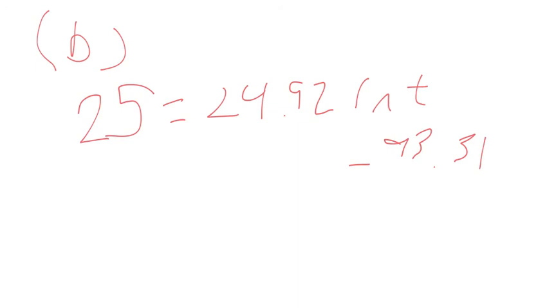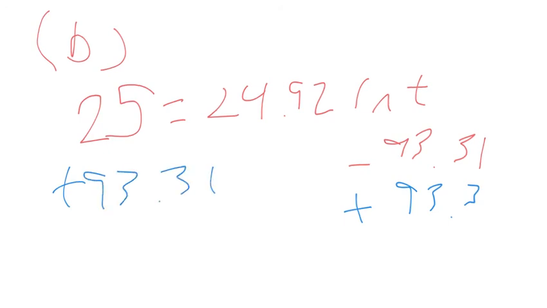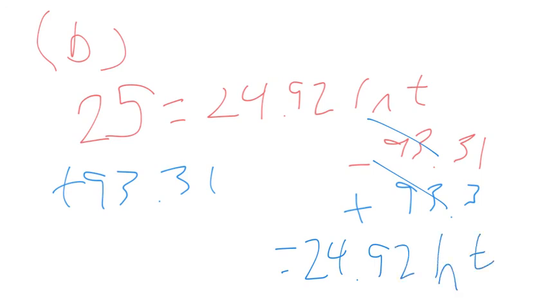Now we gotta solve for t. Since we're subtracting 93.31, we would add it. Alright, so if you add that, those would cancel out, so the left-hand side would just simplify to 24.92 times natural log of t, and 25 plus 93.31 would be 118.31.